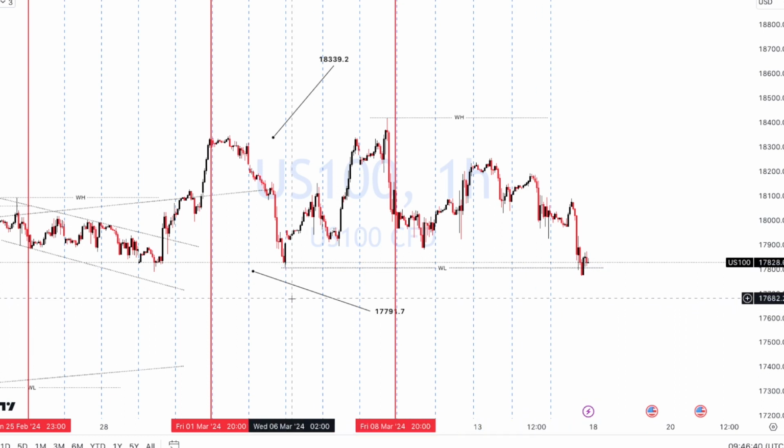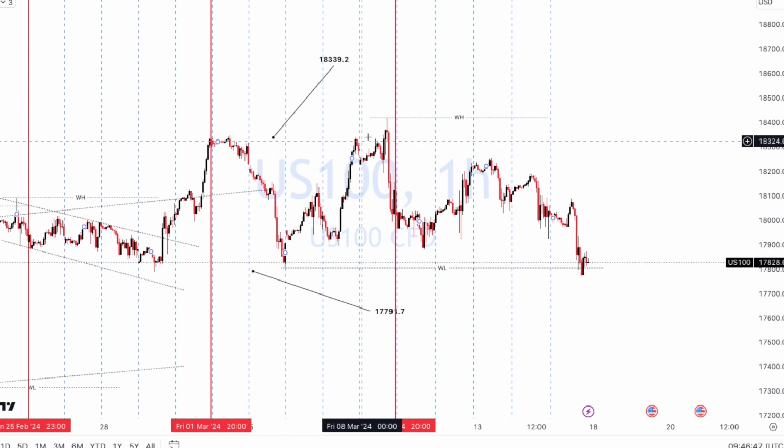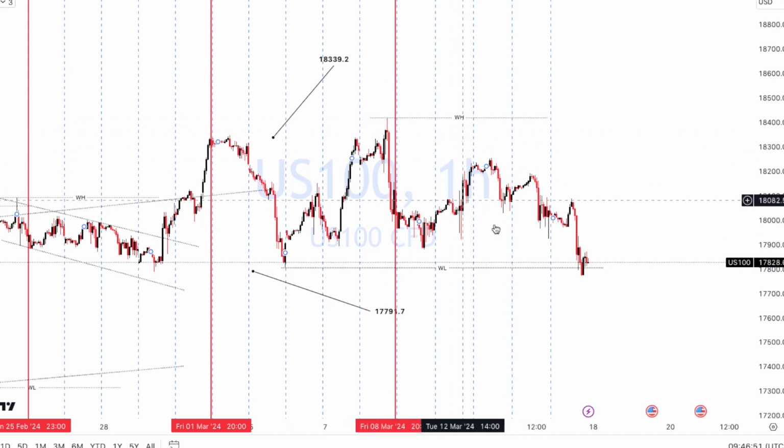This weekly high and this weekly low was set in the week of the 4th of March. That's the weekly low down here, and that's the weekly high up here. We also have new levels in this area, and that is what is going to help us for next week commencing the 18th. But we're just going to work with what we have.